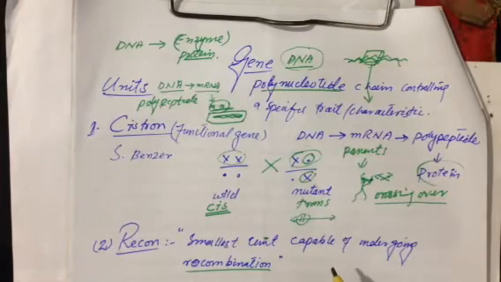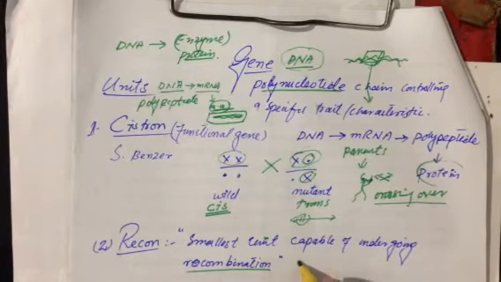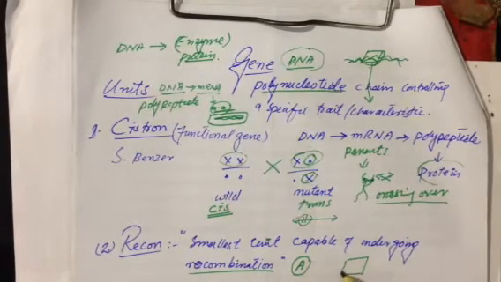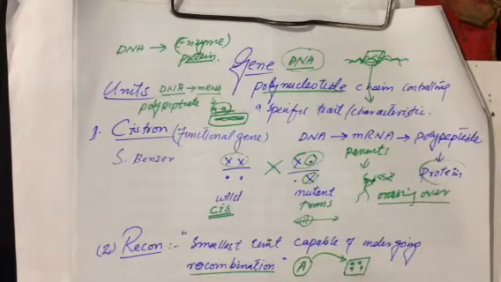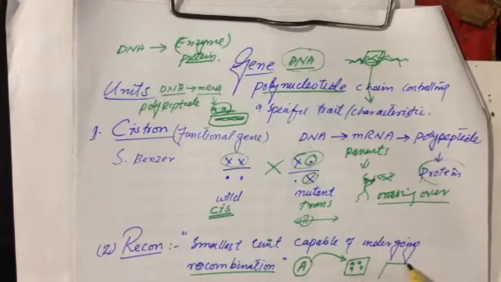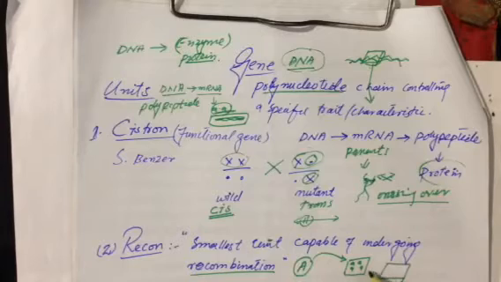Now, what is recombination? How can it proceed? For example, we have a bacteria A, and this is the media, and when this bacteria grows or undergoes reproduction and produces progeny, it produces product A. But if we grow this bacteria here, it can produce the product B as well.